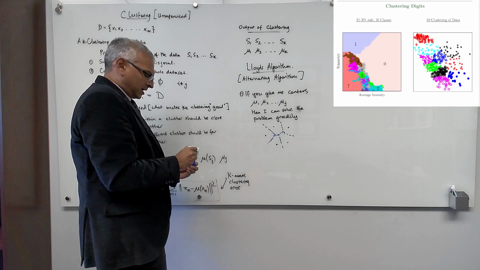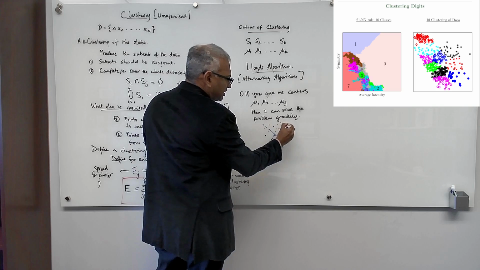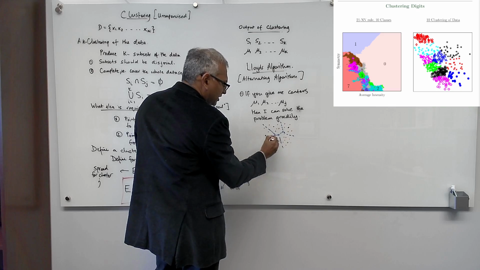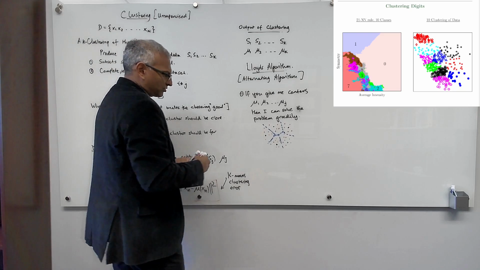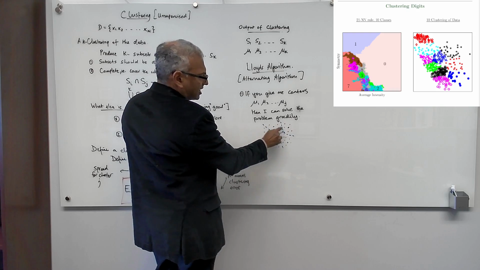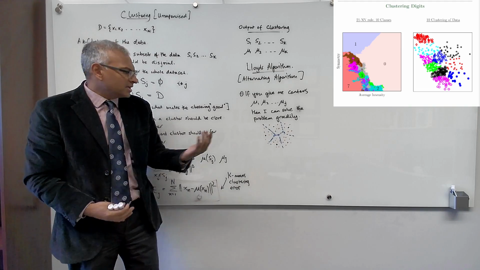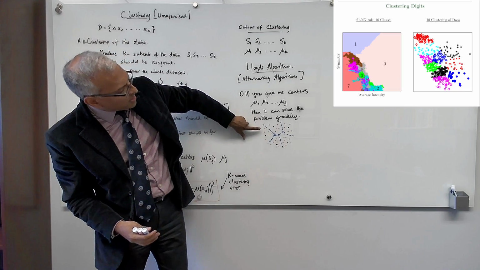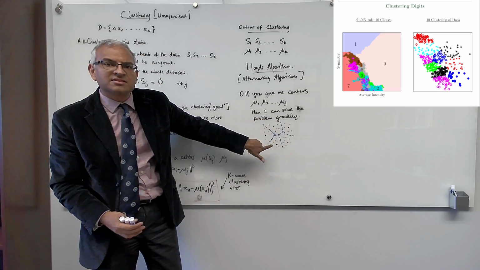Now you look at the data points, and you assign data points to the center that owns the Voronoi region to which that data point belongs. So if these are the centers in black, then the clusters are defined exactly by the points that lie in each Voronoi region. And it's easy to see that that's optimal because, by definition, the distance from this data point to this center is closer than its distance to any of the other centers.